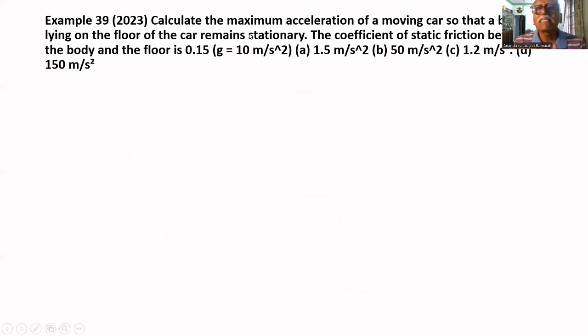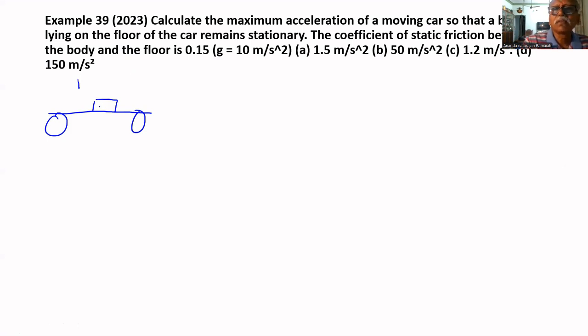Calculate the maximum acceleration of a moving car so that the body lying on the floor of the car remains stationary. A car is moving. On its floor, one mass is there.